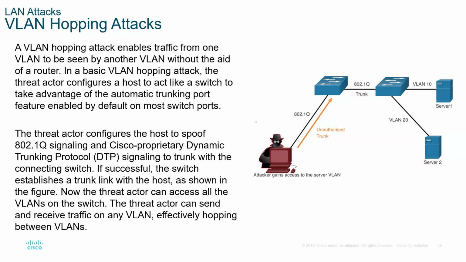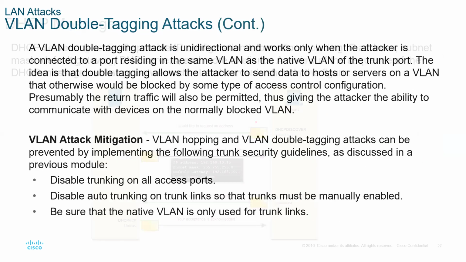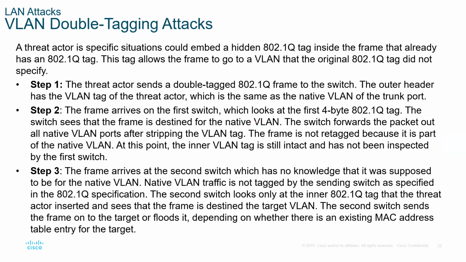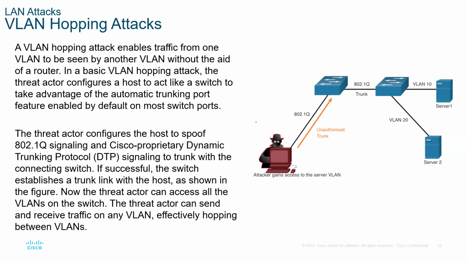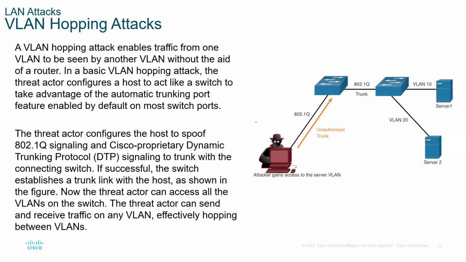Obviously, my endpoints which are connected to the networks. Some of the types that we're going to discuss: we have VLAN attacks, ARP attacks, STP, address spoofing, DHCP attacks. So let's discuss these attacks, starting with VLAN hopping.